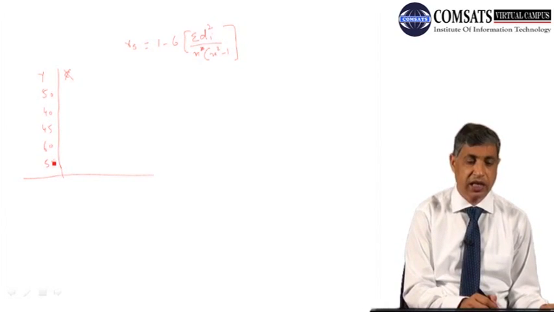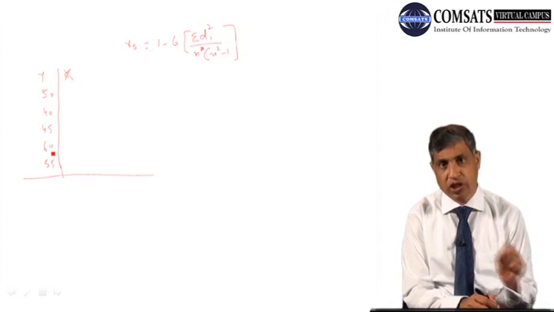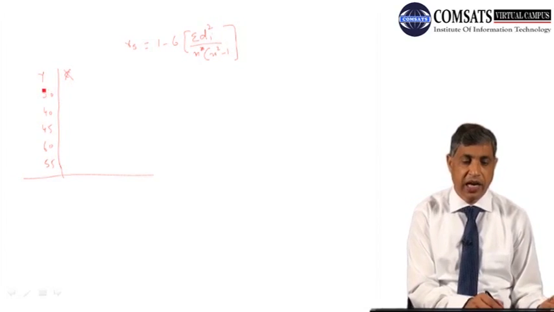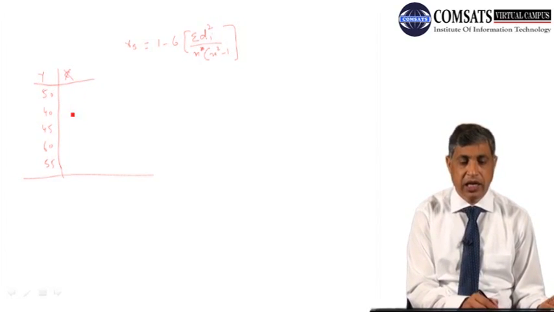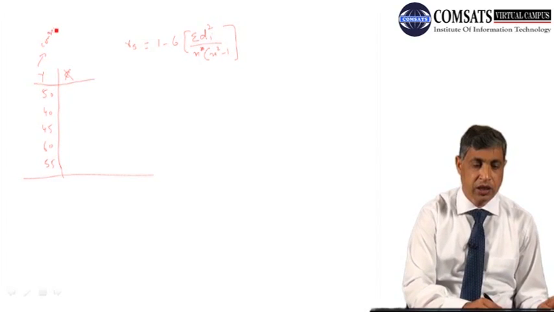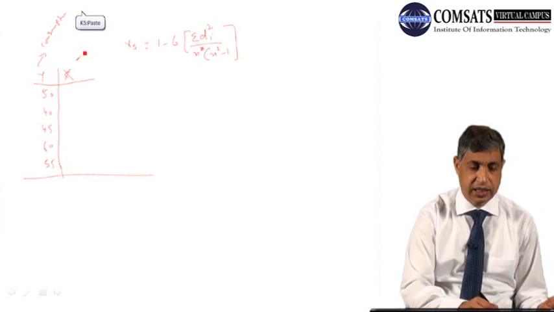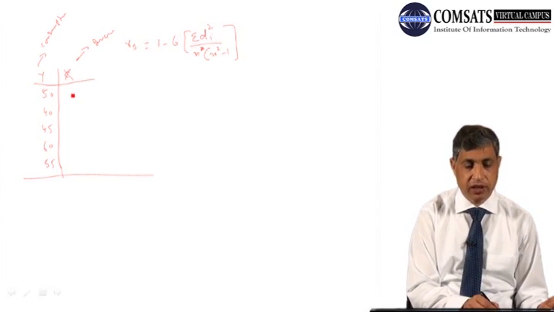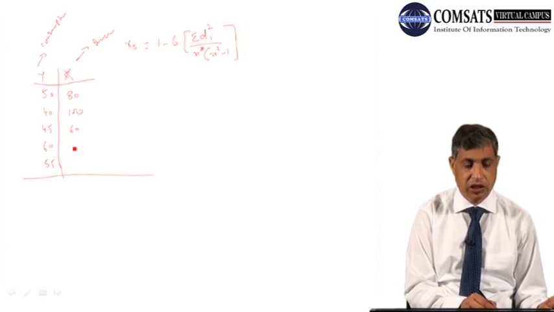You can see these are the 5 observations, just to keep things simple. And X is the income. For X: 80, 100, 60, 50, and 90.